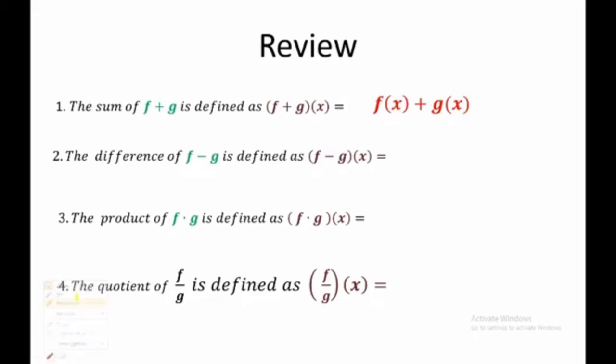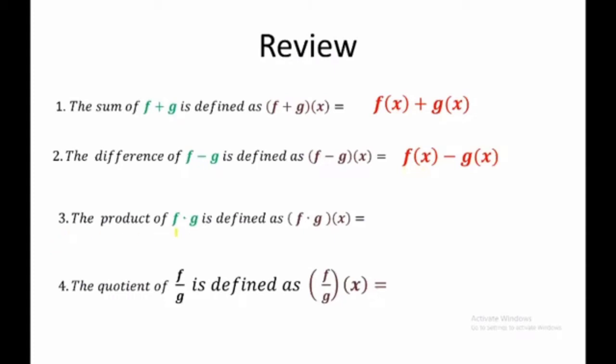So that is for the sum of the two functions. Next is the difference of f and g functions. So you have f minus g of x, or the difference of f and g functions of x, that is equivalent to f of x minus g of x. So all you have to do is subtract the two functions.